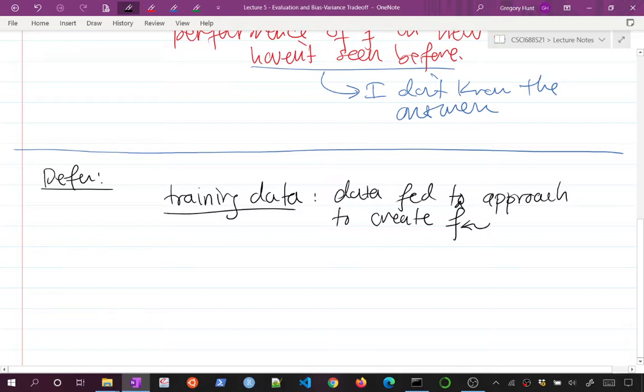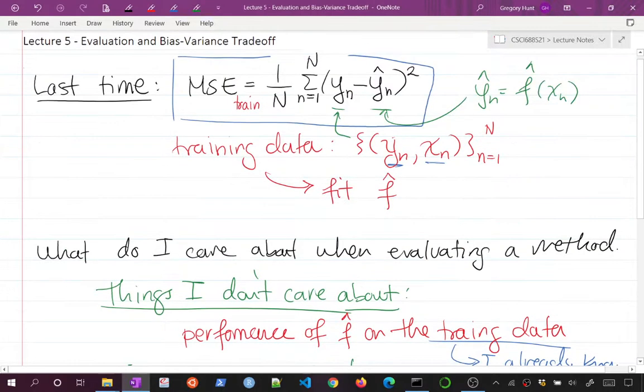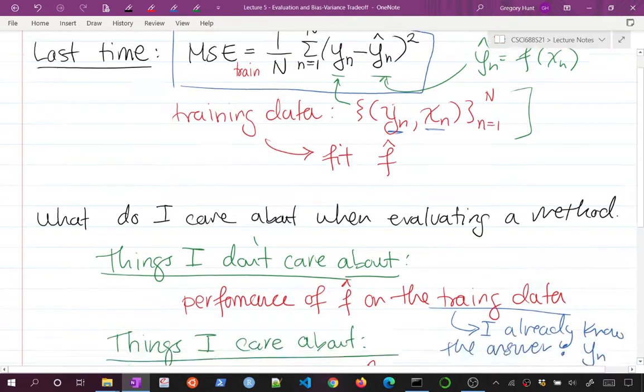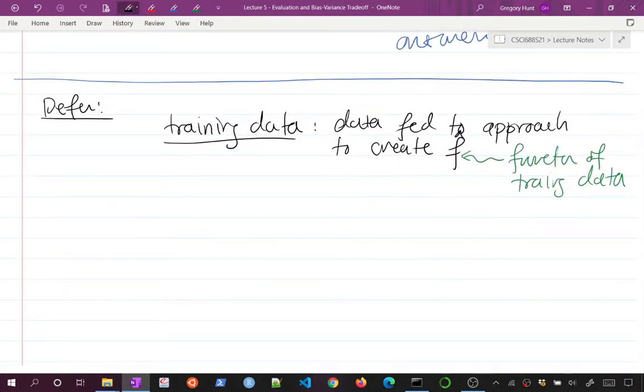So f hat here, and this is going to be kind of an important point, f hat is a function of my training data. I feed it in my collection of xn's and yn's that I know. So that's training data. We also can define what we're going to call, instead of training data, test data.